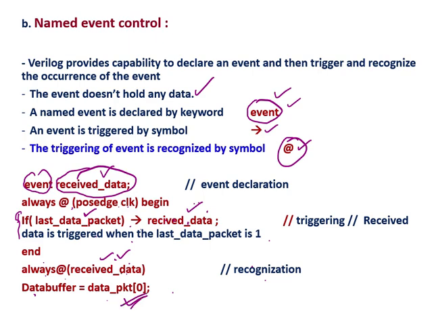Then we are storing data packet 0. Then we are doing some kind of data storing or data manipulation, you can say. So this data packet 0 is stored in data buffer. So this is how this named event control works.